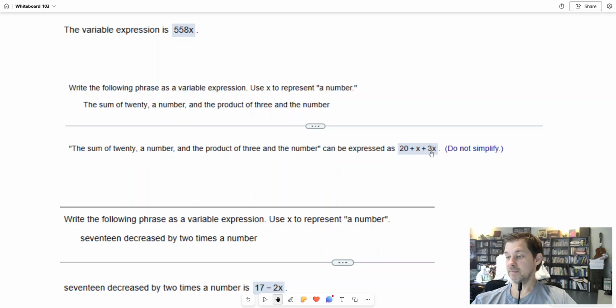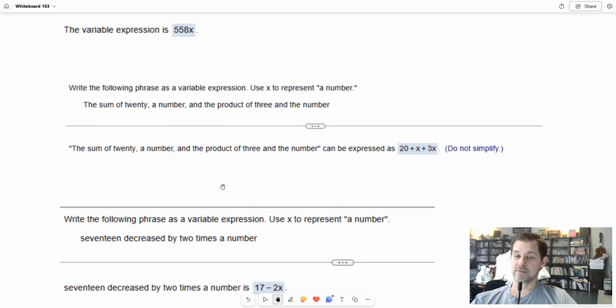Do you see why that's 20 plus x plus 3x? 3x is the product of 3 and a number. So that combines both addition by the word sum and multiplication by the word product.